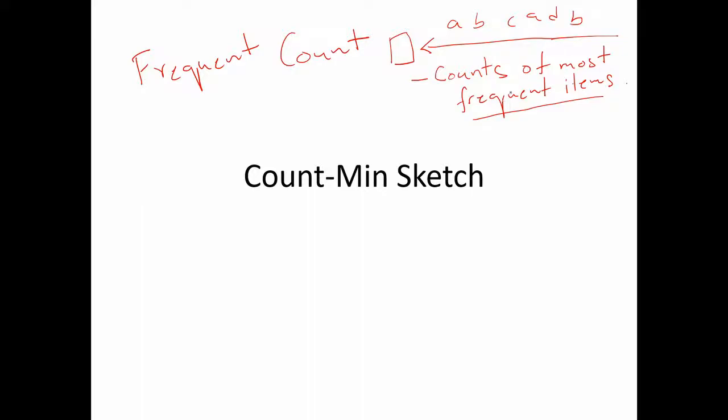So we are trying to do this using sublinear space, that is, suppose you have seen m items, the space is not dependent on this m exactly.